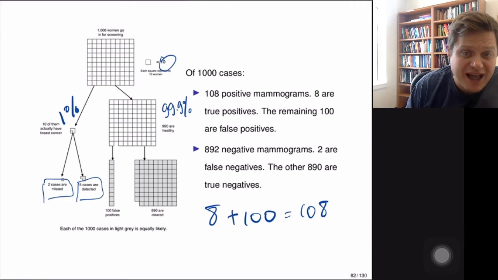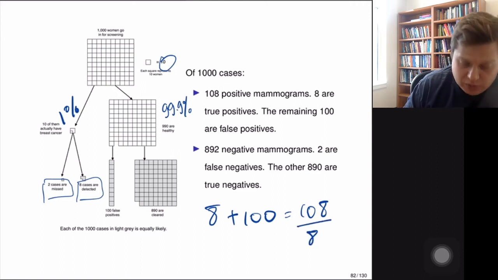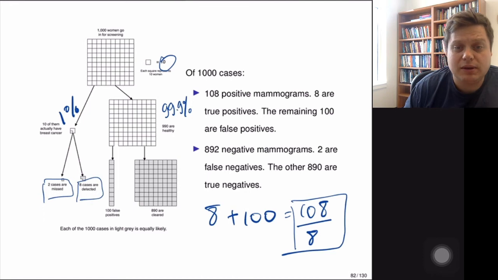Out of those 108, actually only 8 people truly have cancer. So the ratio is quite low, meaning that if you test positive, you're one of those 108 people, and only 8 of those 108 people will actually have cancer.